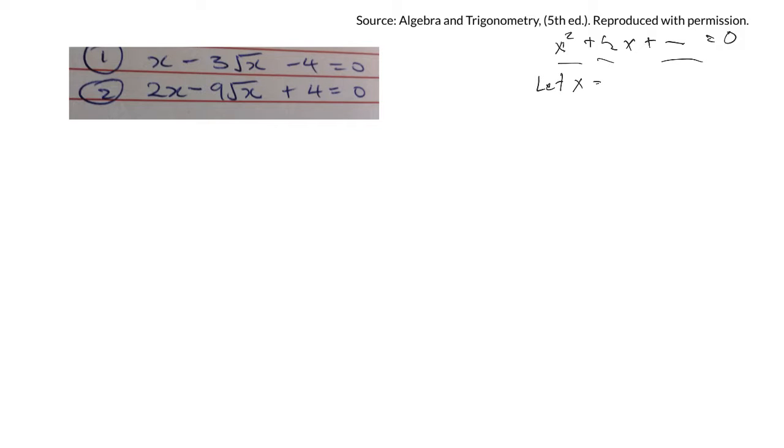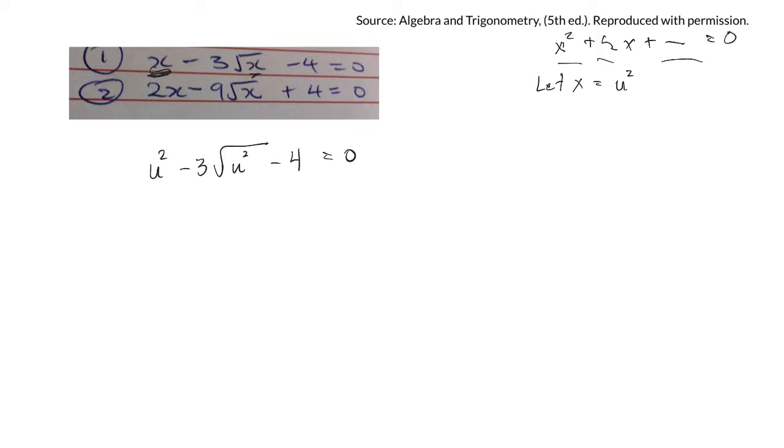x equal u squared. So everywhere I see an x, I'll put in a u squared. So here, this x I'm going to put in a u squared, minus 3 times the square root of, here's an x, I'll put in a u squared, minus 4 equals 0.